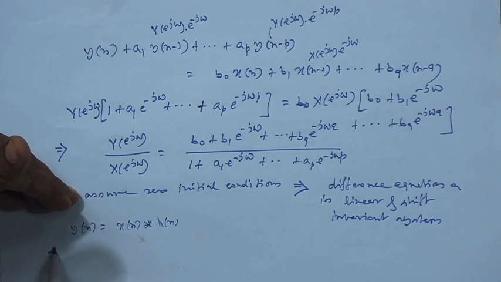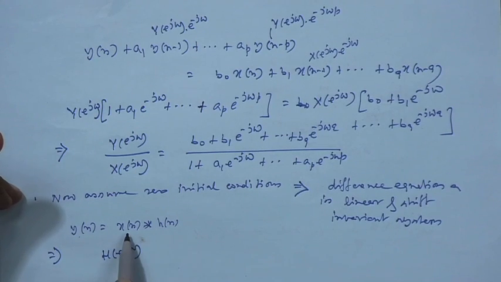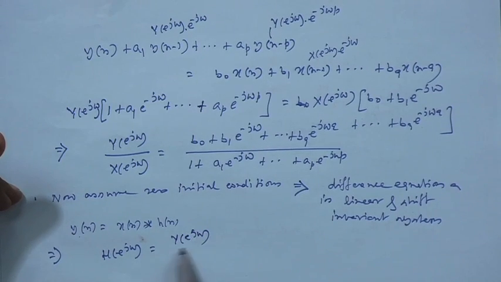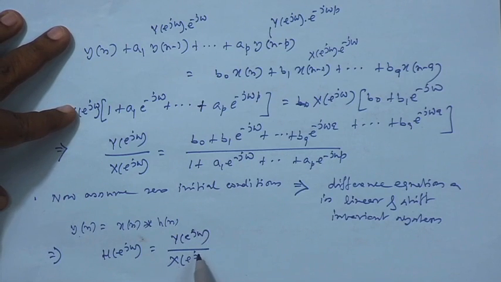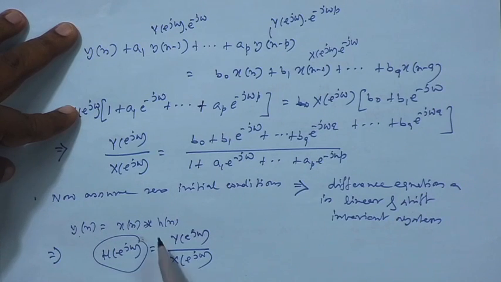And we have seen that if you take the DTFT here, it is a product of the two DTFTs, which means H e to the power j omega into X e to the power j omega is Y e to the power j omega. If you take this ratio, then this is the DTFT of the unit sample response, which we call the transfer function in the frequency domain.